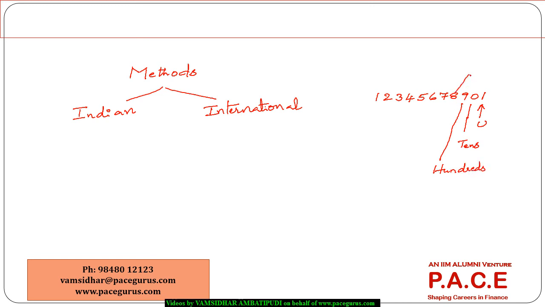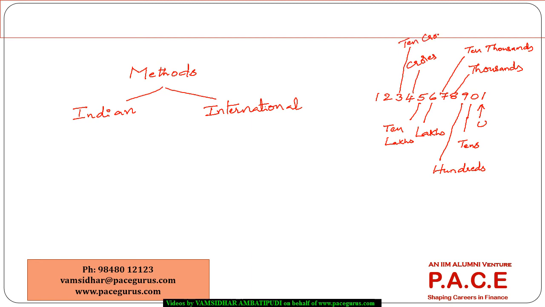This is the thousands place, the 10,000s place, this is the lakhs place, 10 lakhs place, crores place, 10 crores place, Arabs place, and the 10 Arabs place.